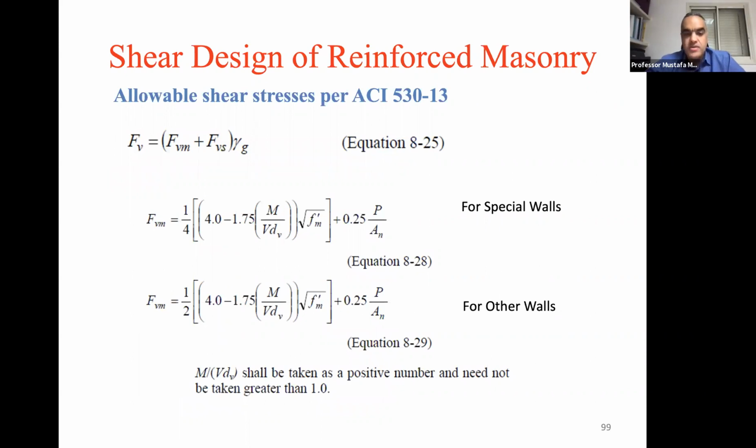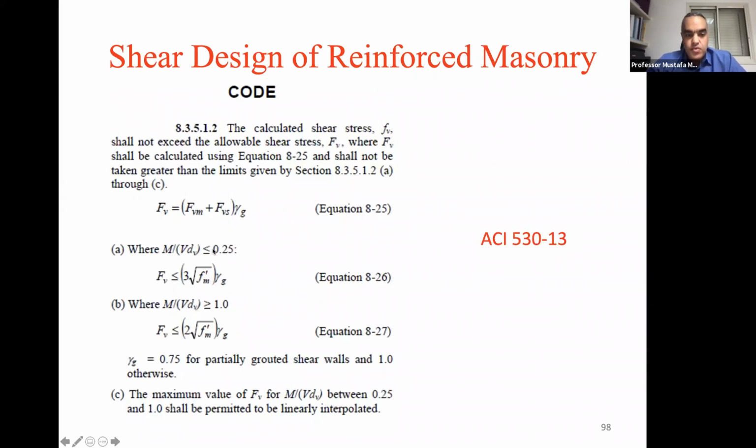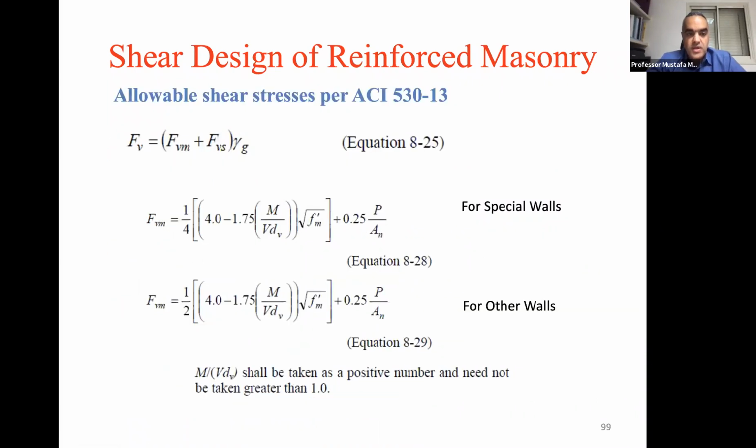Now, of course, if we are designing, because we have 2 components, the masonry and the steel, F sub VM is given in this equation. Now this is for special walls. Special walls are used in high seismic. We'll talk about that at the end.